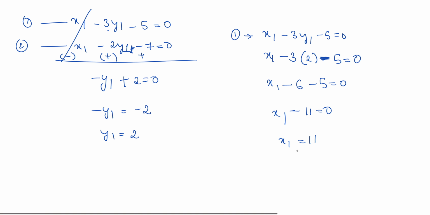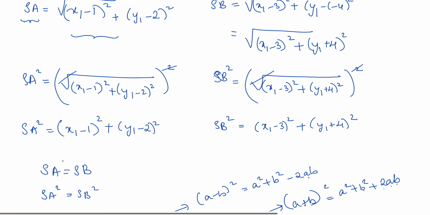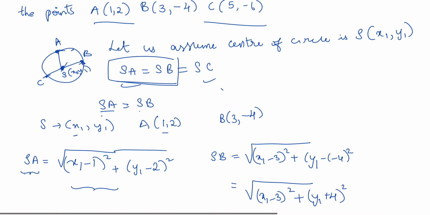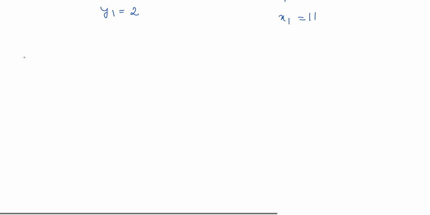So we have x1 as 11 and y1 as 2. So (x1, y1) is the center of our circle. So the center of the circle (x1, y1) is equal to (11, 2).